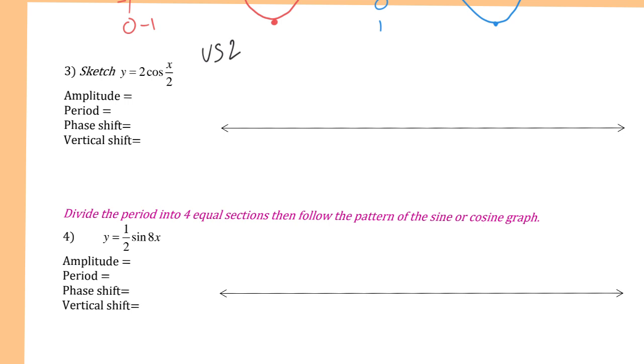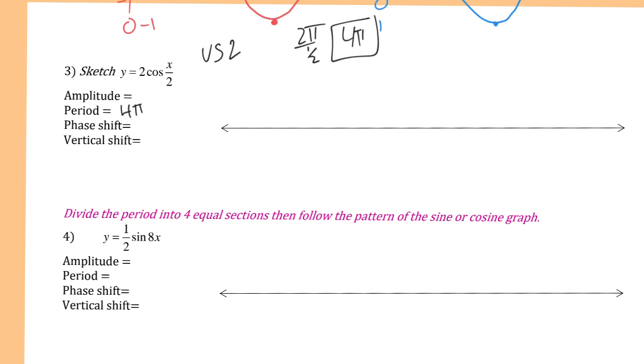And then I also see that there's something going on with the coefficient of x, okay? Do you see how it's like a half x? And so if you do 2 pi over a half, okay, so it's a half in front of x, then you're going to get 4 pi. That is going to be the period. Okay, so 4 pi is the period.